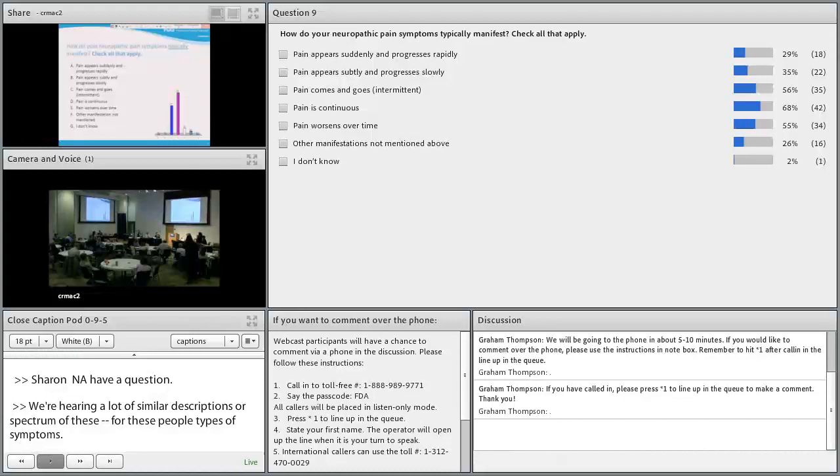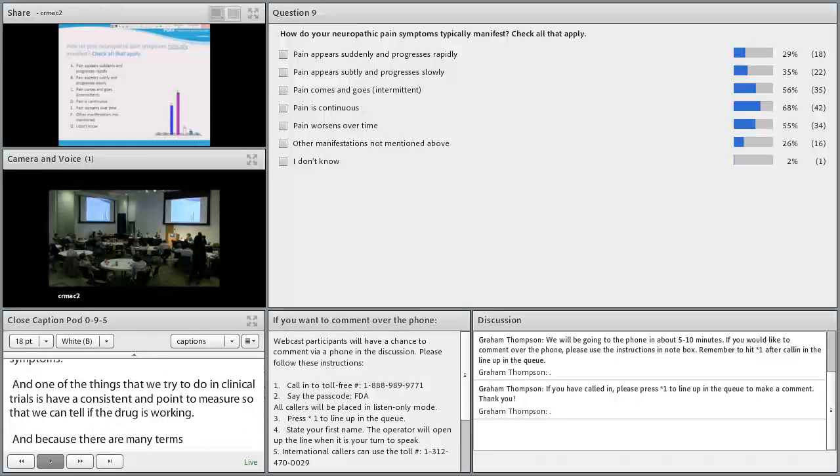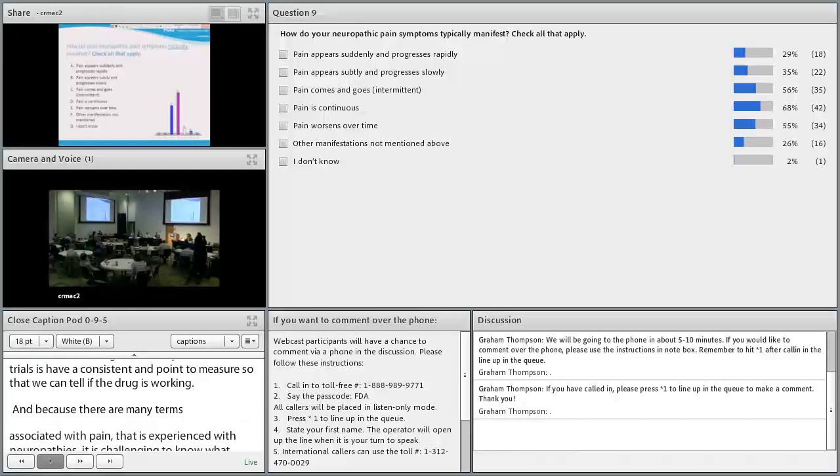Because there are many terms associated with the pain experienced with painful neuropathies, it's challenging to know what is the right question to ask so that the effects can be measured.